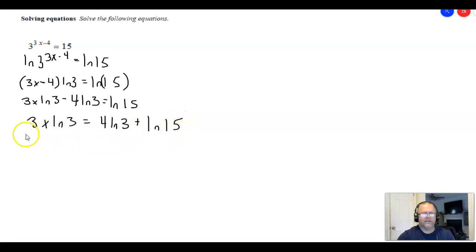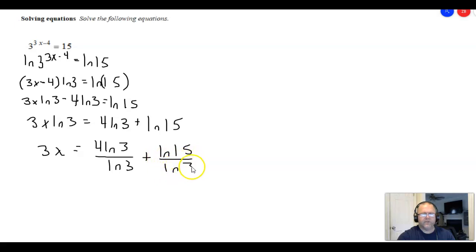Now I'm going to divide both sides by natural log of 3. So I'm going to get 3x is equal to 4 natural log of 3. And really what I'm going to do is divide each term by natural log of 3. It's going to make it a little bit easier because I see it's going to cancel this out over here. And that's really the same thing, plus natural log of 15 divided by the natural log of 3.